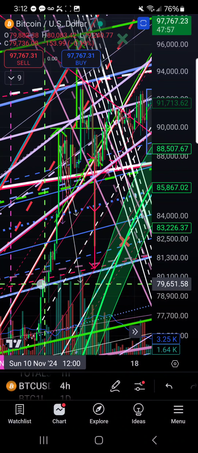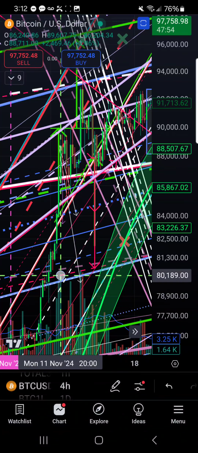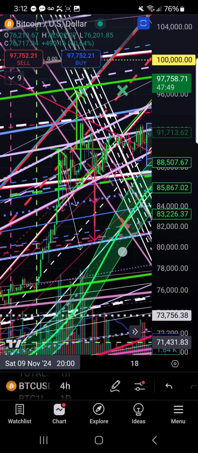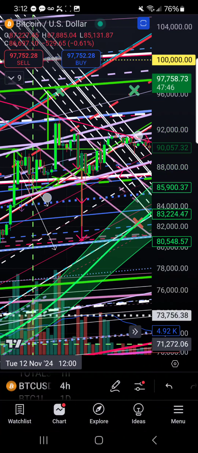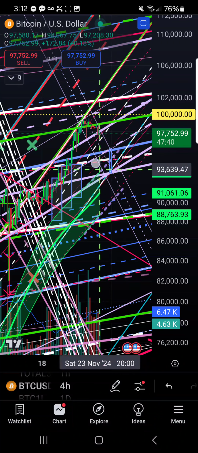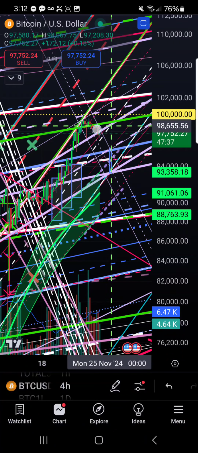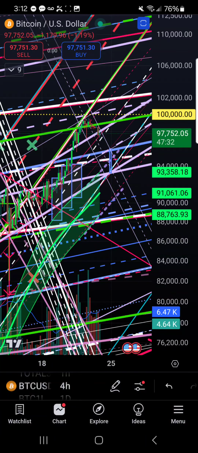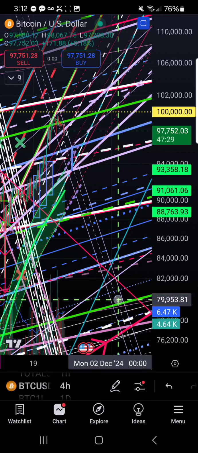Alternatively, maybe we do come down to this area of support, or even all the way to this green line, because what we're doing right now, we are also rejecting off of the top of this green channel. This green channel comes all the way down here, which is very interesting, because that's around the $77,000 CME futures gap. So that's something to keep in mind too.